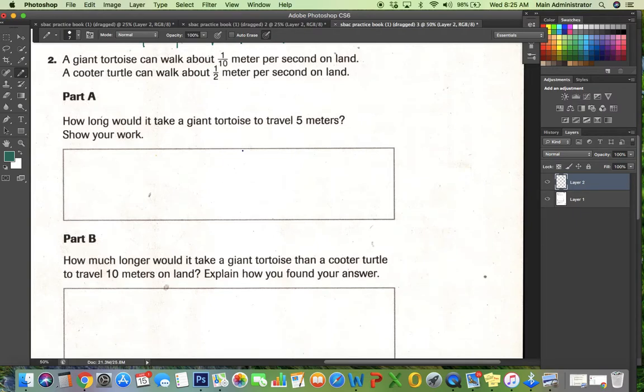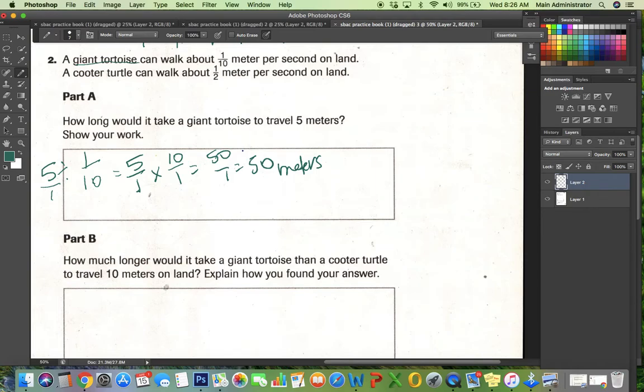So we're just talking about this for part A. If a giant tortoise can walk 1/10 of a meter a second, and he wants to go 5 meters, I'm going to take my 5 meters and divide it by 1/10, put 5 over 1, and I would keep, change, flip the reciprocal, 50 over 1, so it would be 50.